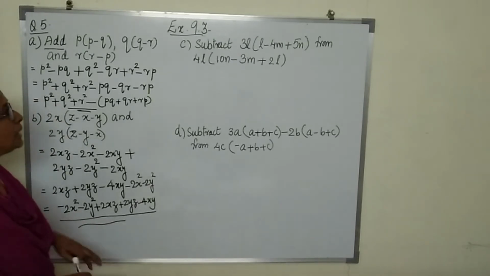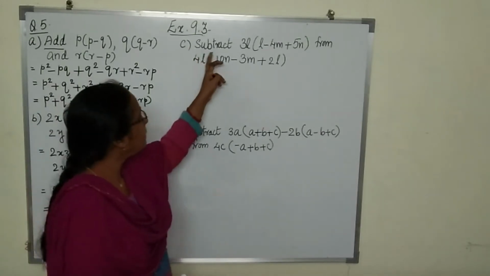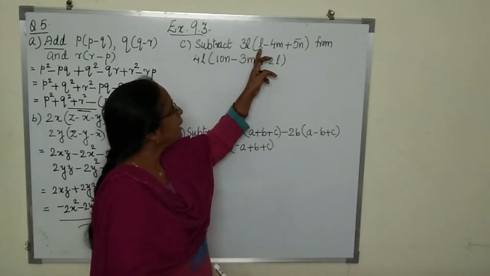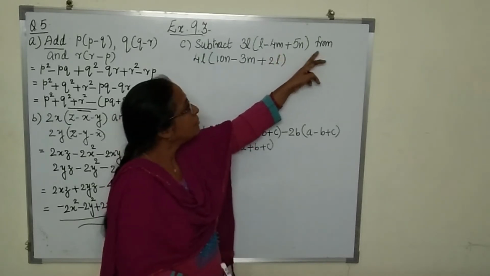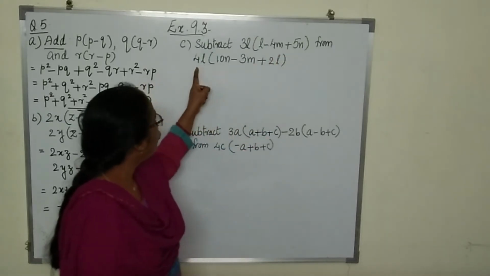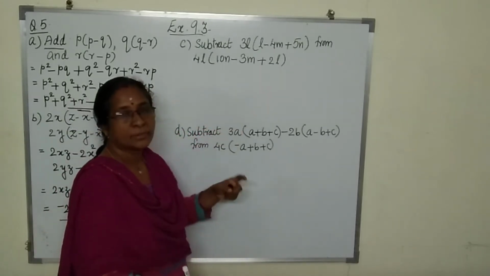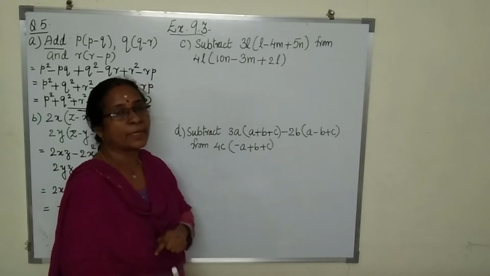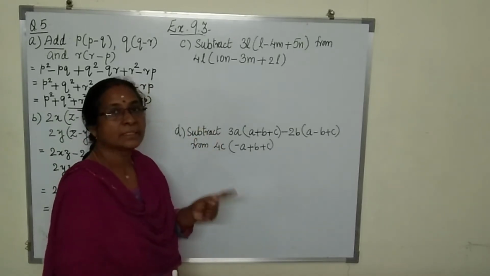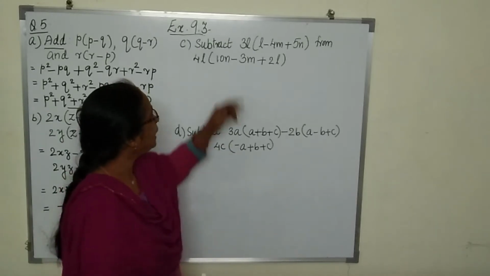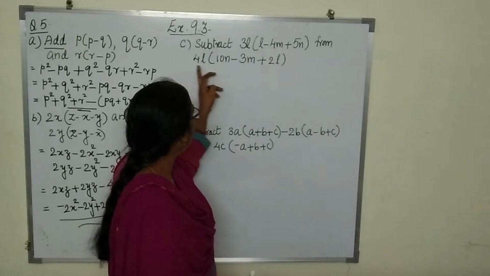Okay. Now the third question is subtract. Subtract 3l into l minus 4m plus 5n from 4l into 10n minus 3m plus 2l. Here again there are two operations. Which are the two operations? Multiplication and subtraction. Now you see this product you have to subtract from the other product.